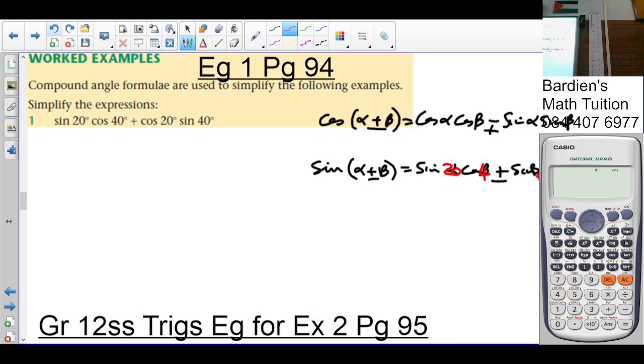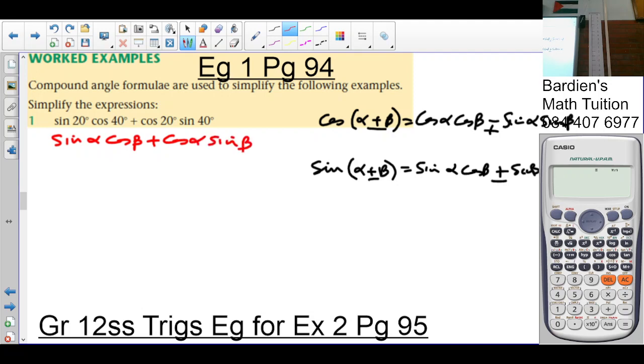So in other words, since there's a plus there, it is going to be 20 plus 40. I'll just show you again. We can see that this can be written as sine alpha cos beta plus cos alpha sine beta.